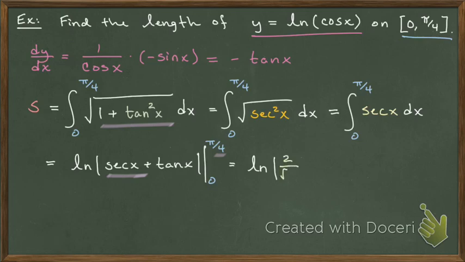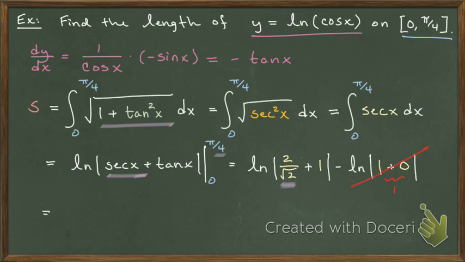I end up with 2 over radical 2 plus 1 when I plug in pi over 4 for tangent, since tangent of pi over 4 should be 1, minus what I get when I plug in 0. Secant of 0 is 1 because 1 over cosine of 0 is 1 over 1, plus tangent of 0, I get a 0. Okay? 1 plus 0 in that second natural log is going to give me a 1, and natural log of 1 I know to be 0.